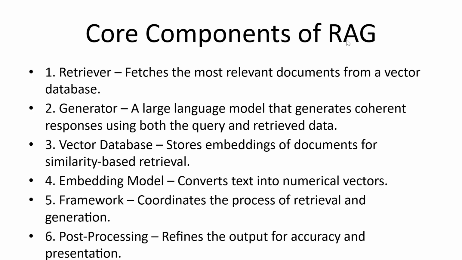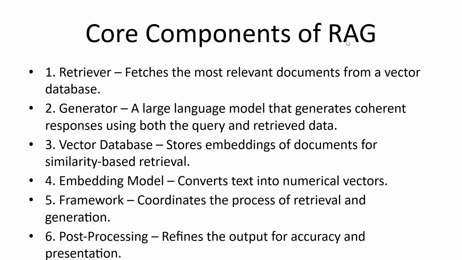That's why we are using a vector database. Some people ask why we are not using another database. We can use another database, but it would have more impact on accuracy. So that's why we use the vector database here.